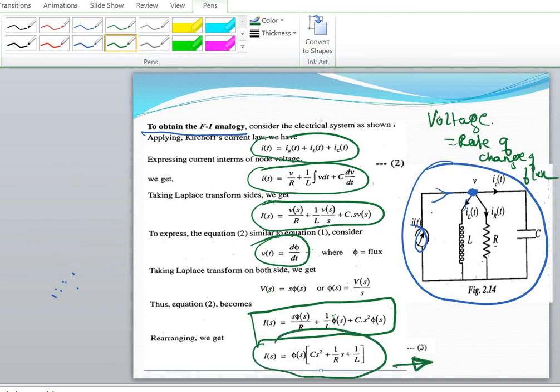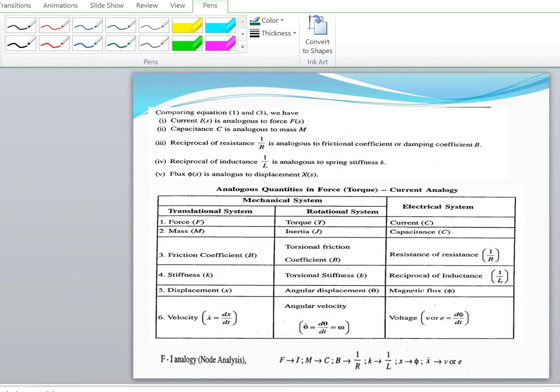Now if you compare equation 3 and equation 1, current I is analogous to force, capacitance is analogous to mass M, reciprocal of resistance is analogous to B, reciprocal of inductance is analogous to K, and flux is analogous to displacement.